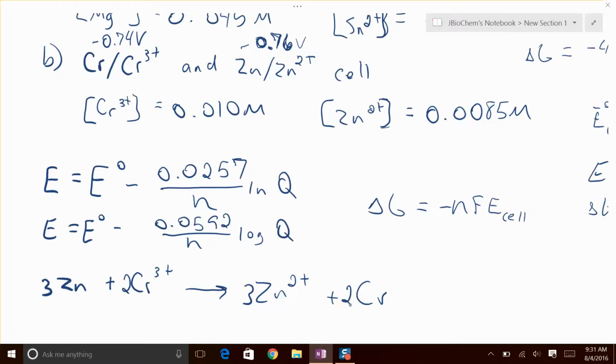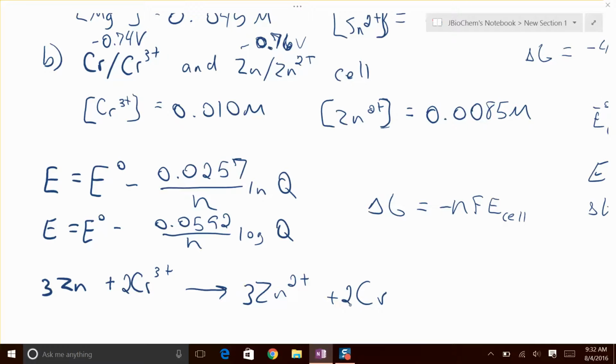And then the units for E and E naught are volts.